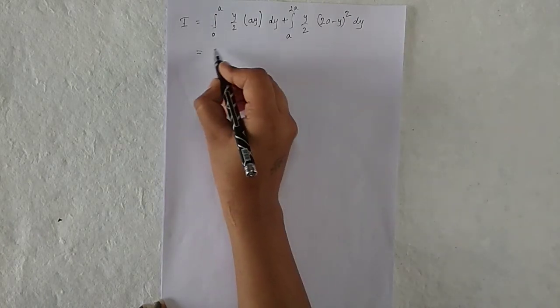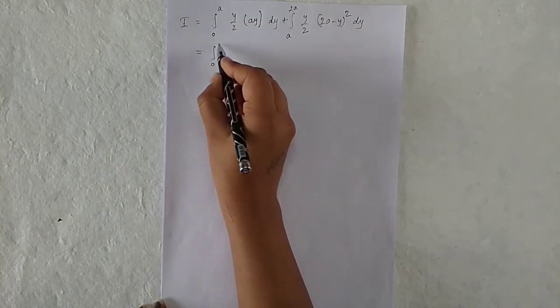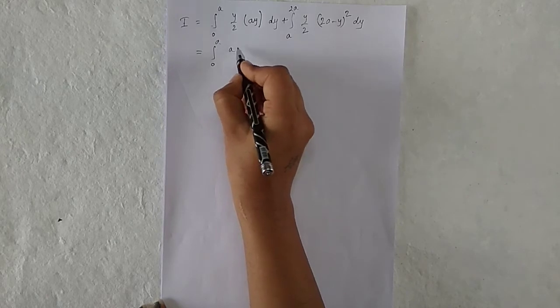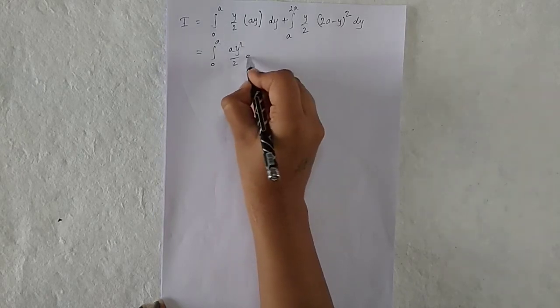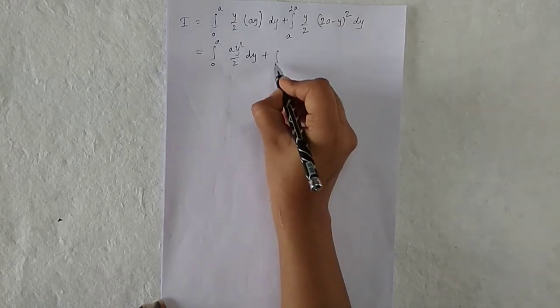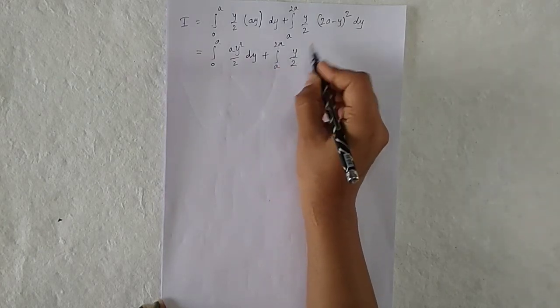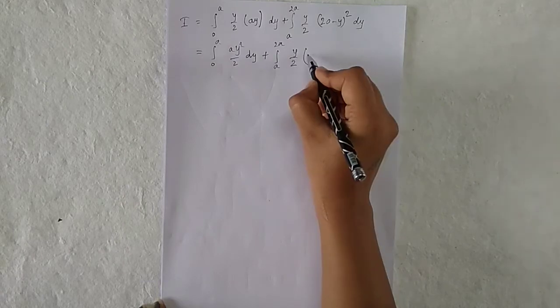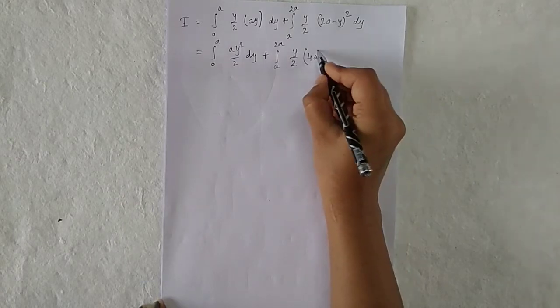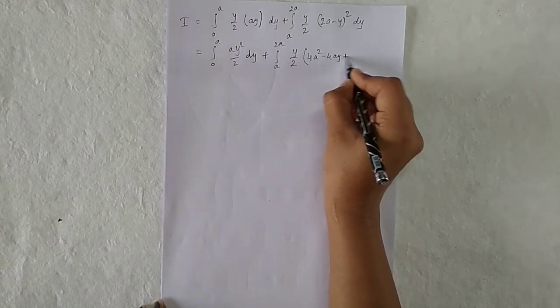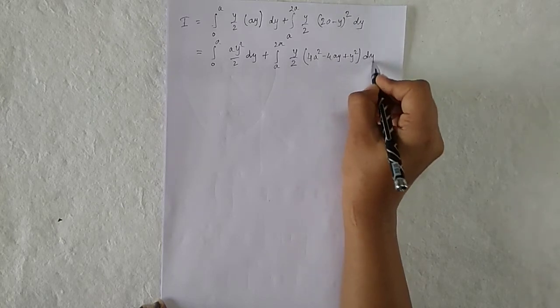So it is equal to the integral from 0 to a of a y square by 2 dy plus the integral over a to 2a of y by 2, and squaring, it becomes 4a square minus 4ay plus y square dy.